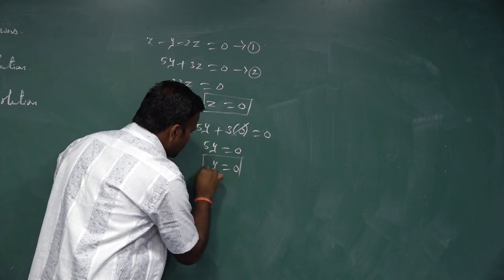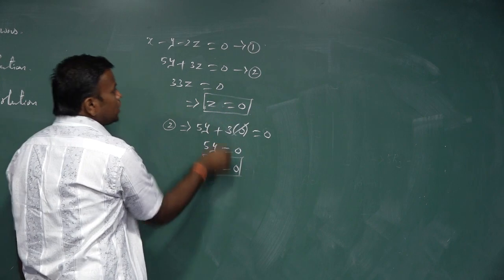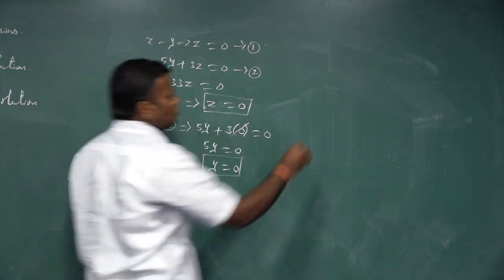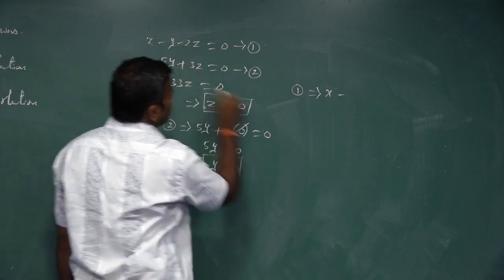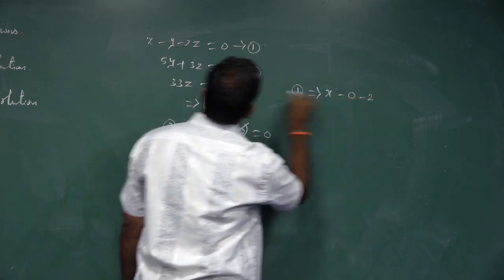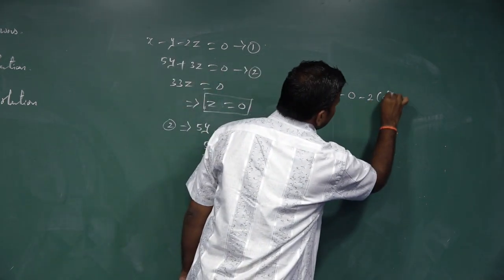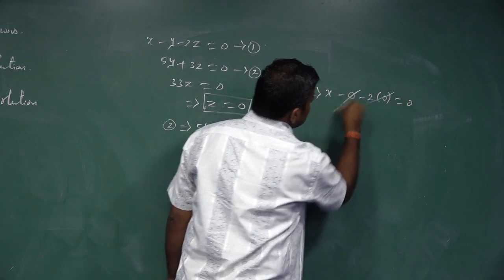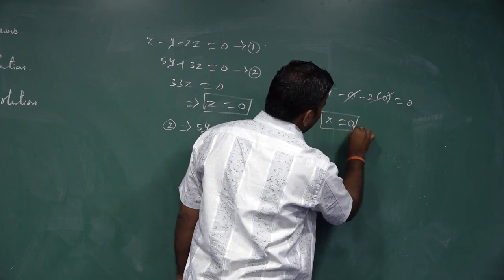So the value of y is also 0. We use the values of z and y in equation 1. So 1 gives x minus y, 0, minus 2 times z, also 0, is equal to 0. The value of x is also 0.